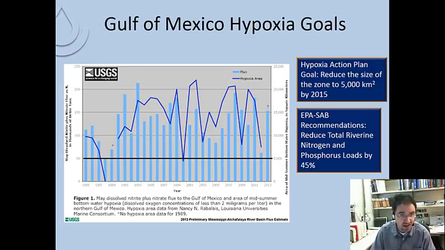You see that vary from year to year. 2012, for example, was a year with a smaller size, likely due to less loading down the river in that year because of the drought. So that flux down the river is critical, and the size of the zone can be fairly strongly tied to the flux that's come down the river.